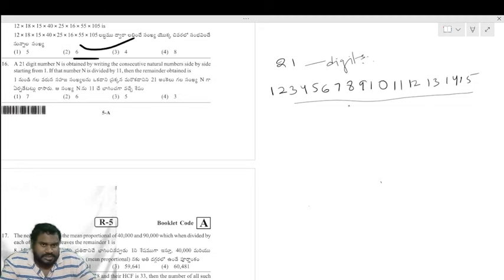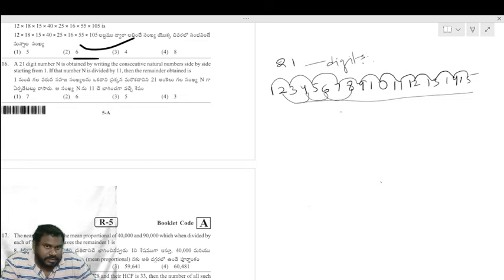For that, see, what is the condition for a number to be divided by 11 completely? If you take the alternate numbers, you add them, and you subtract the sum of the bottom portion from the top portion.